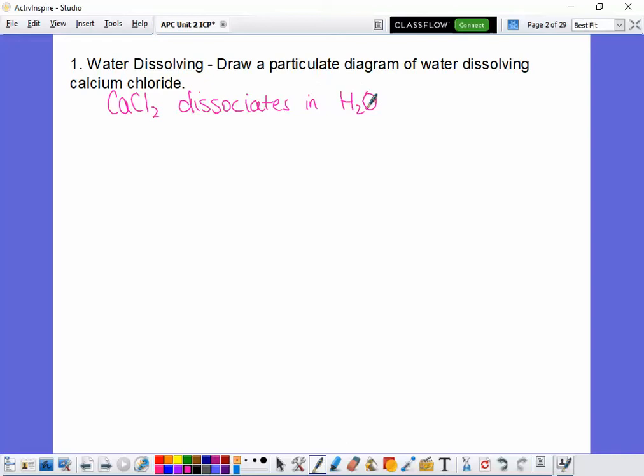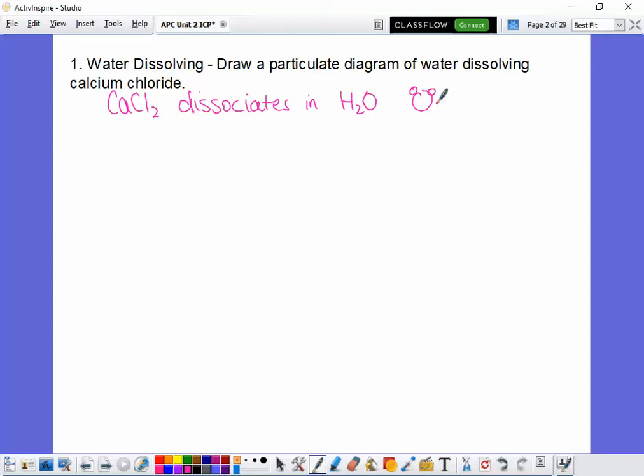So if we were to draw this particulate diagram, what would water look like? One big and then two small. It's like Mickey Mouse, right? So we might say water is like this. And then for CaCl2, we would need a symbol for calcium and a different symbol for chloride, and we have two chlorines there.